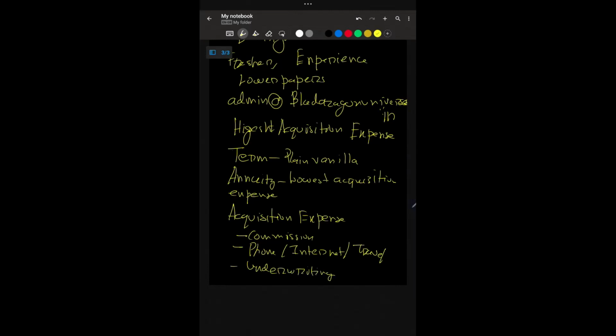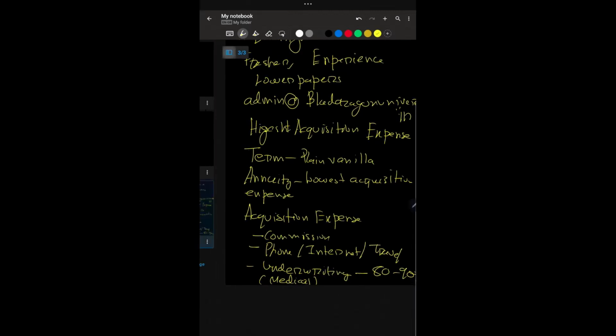You can say that 80% of acquisition expense comes from underwriting. Underwriting is of two types: financial underwriting and medical underwriting. Here I'm talking about medical underwriting, because it requires significant cost, medical tests and everything else. That is where the acquisition expense actually comes from.